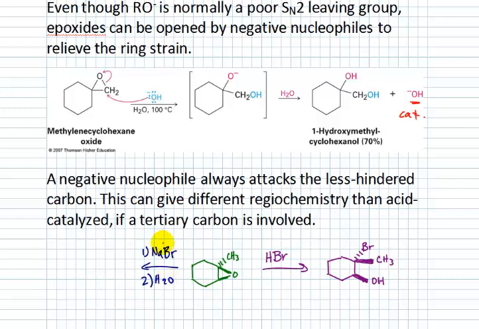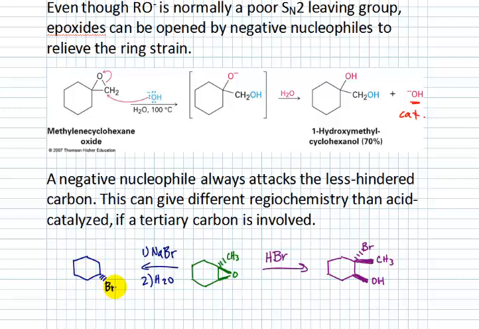Br minus, a nucleophile, can just come right in there and attack the less hindered carbon. Okay? It's going to attack the secondary carbon, because there's no carbocation character here, there's no pluses or anything that would stabilize attack on the tertiary carbon. All we're going to do is attack that less hindered carbon from the opposite side as where the epoxide is.